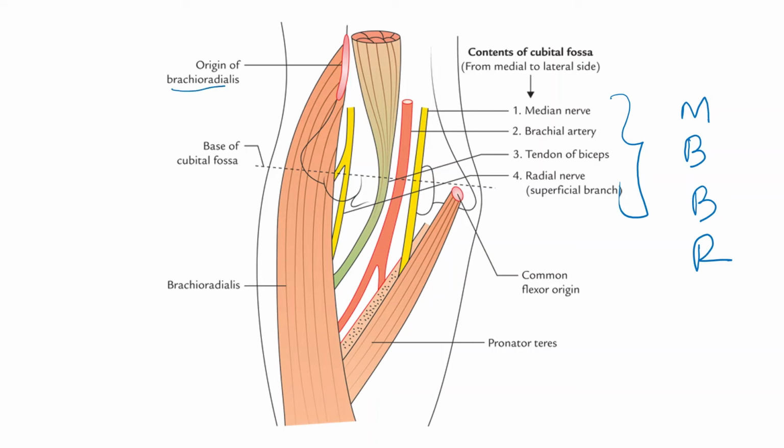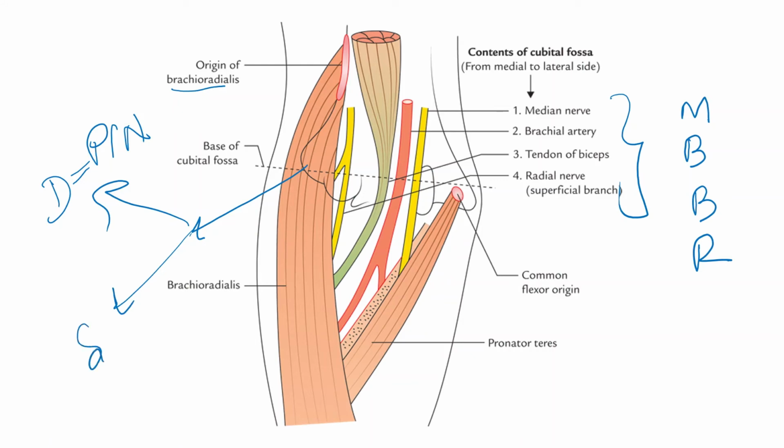Once the radial nerve enters the fossa, it divides into the superficial and the deep branch at the level of the lateral epicondyle. The deep branch is called the posterior interosseous nerve, which is the nerve of the posterior compartment of the forearm, whereas the superficial branch, as the name itself says, runs superficial throughout its course.